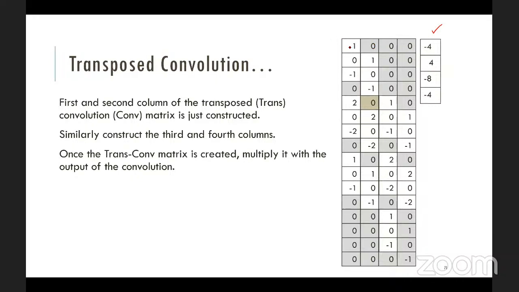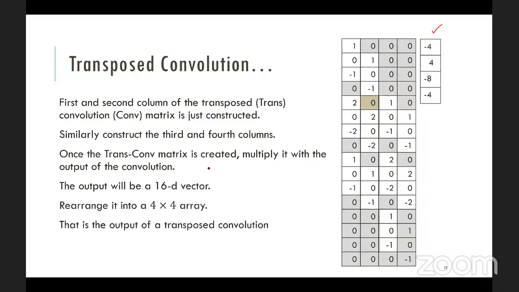The first will give me -4, the second will give me 4, the third will give me -8, like that, right? So the output will be a 16D vector, and we can rearrange it in a 4 cross 4 array. That is the output of a transposed convolution. So is it clear to everyone? Any question on the transposed convolution?